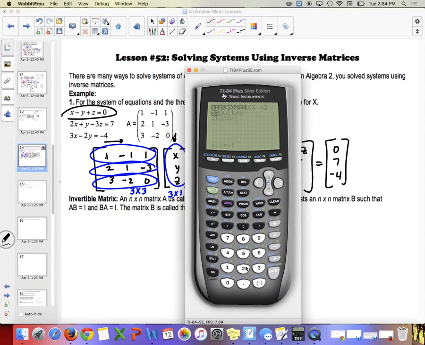Can't do a minus on my screen. -1, enter, 1, enter, 2, enter, 1, enter, -3, enter. So you're just putting all these numbers in. So I put A in, and then we can put B in.